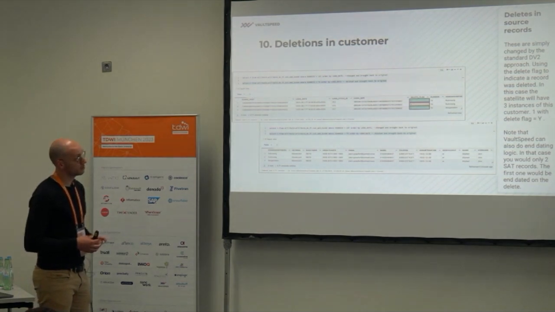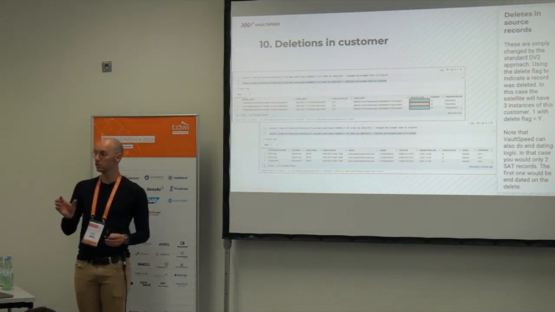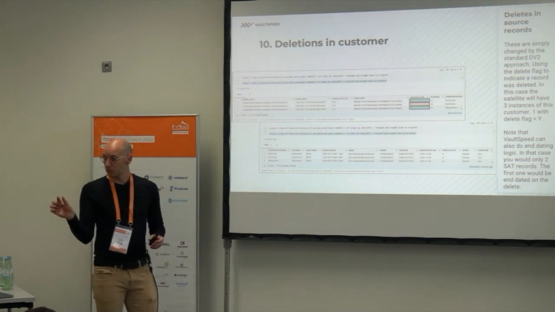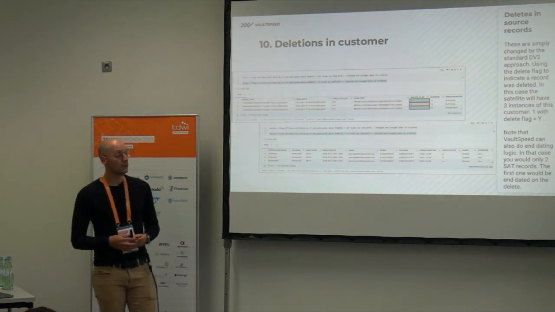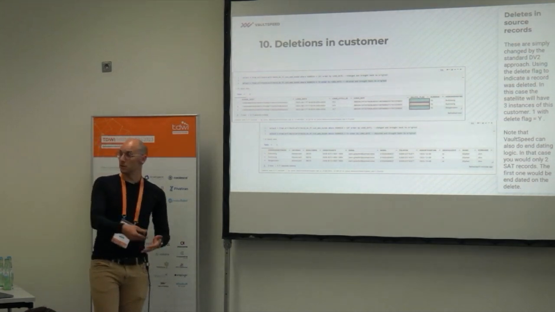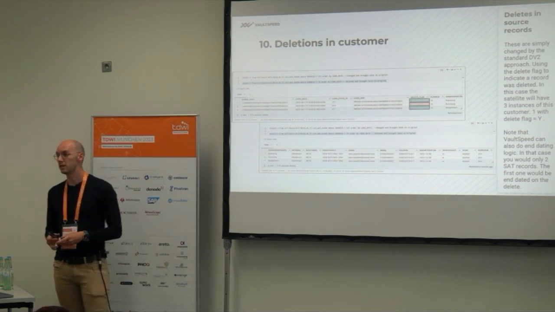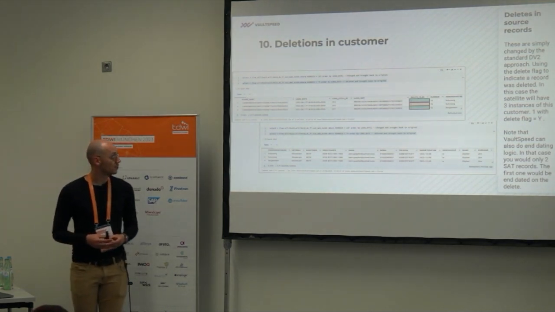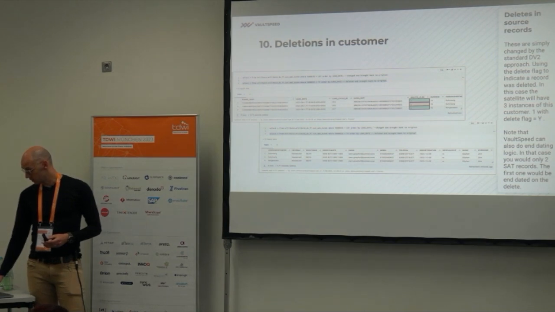For the case that you want to have end dating on your Data Vault, on your satellites, that's a parameter you can set. Once you activate that, you will get end dating on your satellites. We won't do an insert then. We will then do an update of the last valid satellite record. So, that's how you solve these deletions.